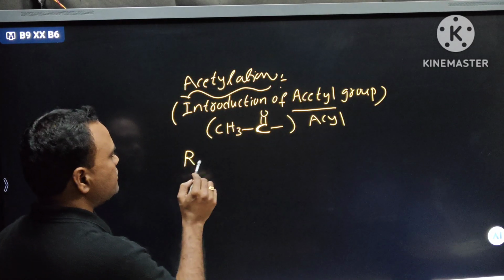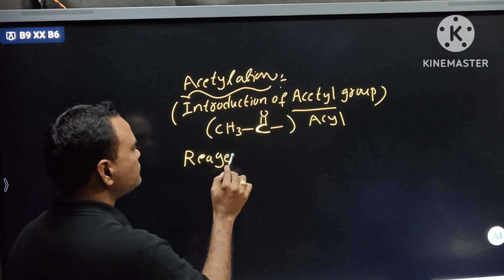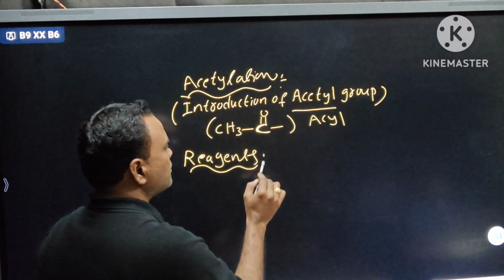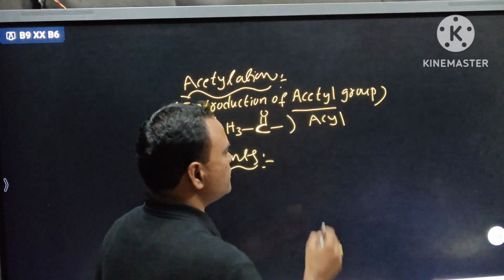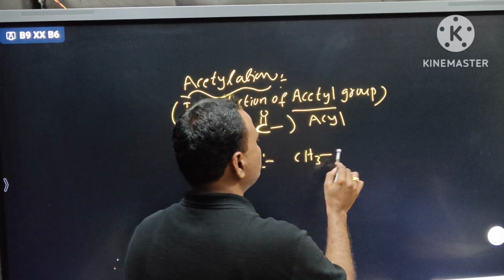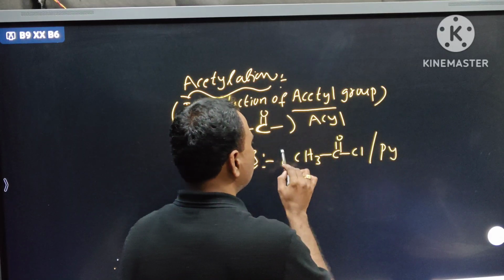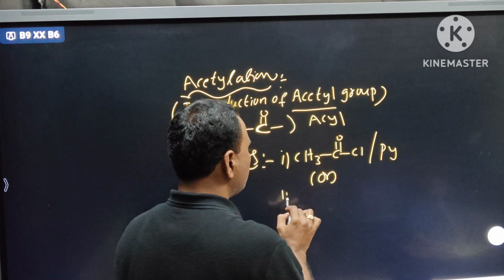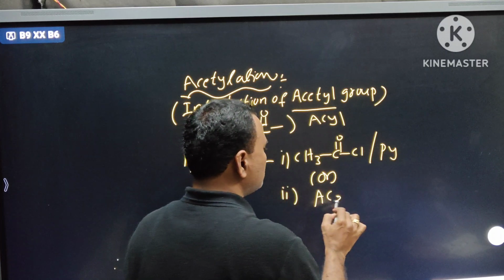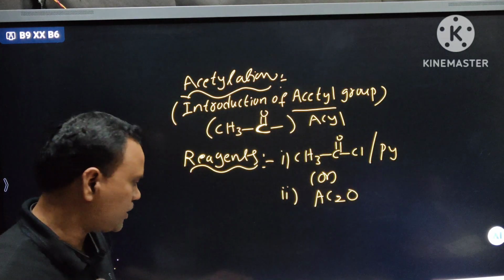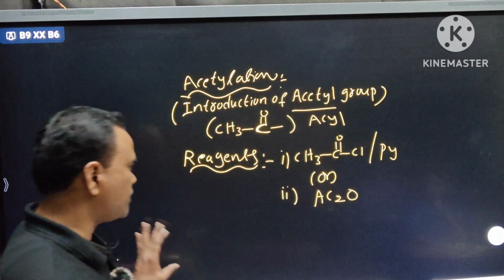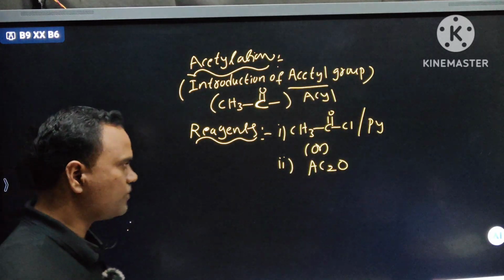Now reagents for acetylation. What are the reagents? Acetyl chloride in the presence of pyridine, or Ac2O, acetic anhydride. We can use two reagents to do acetylation.